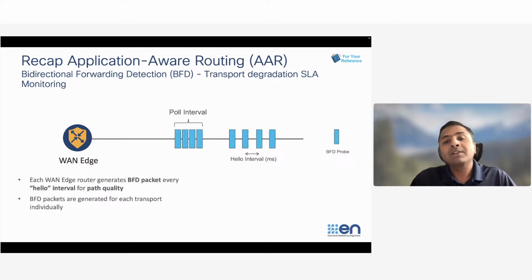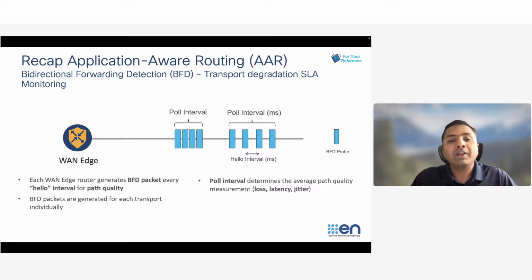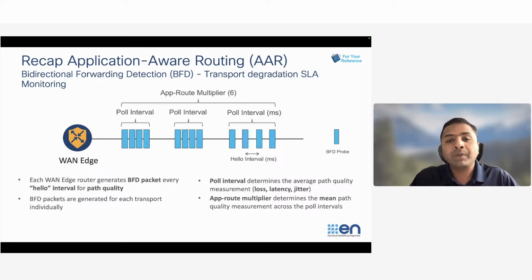We accumulate this information over a period of time, which you see in this slide as the poll interval. Until that duration, we can get an average path loss, latency, and jitter. Then we do this accumulation over a period of multiple poll intervals to give us accurate measurements, and this is what we call the app route multiplier.